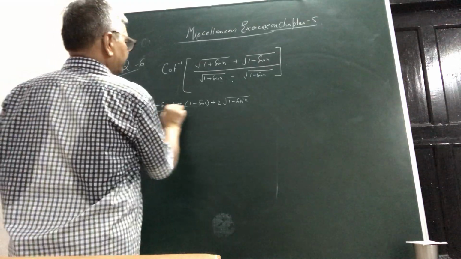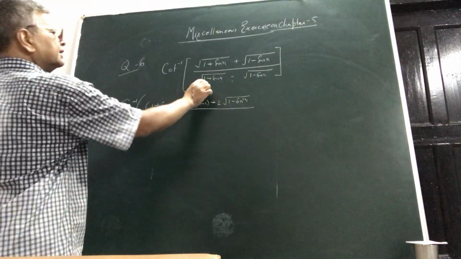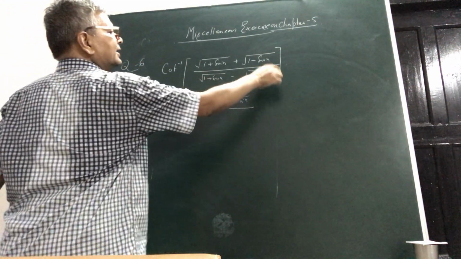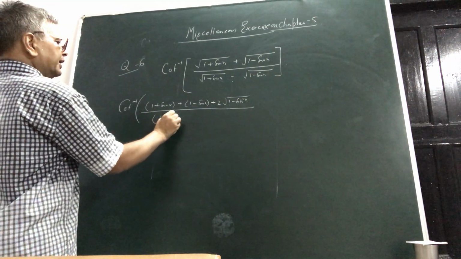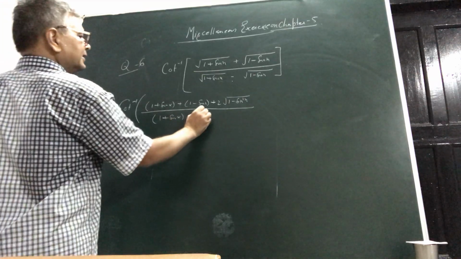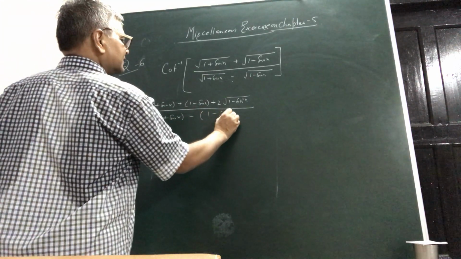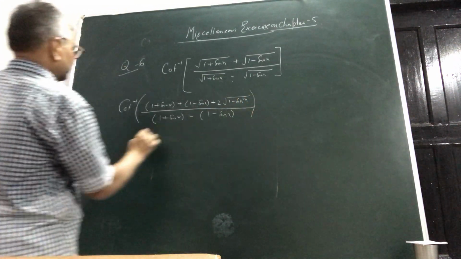Upon this thing, this is a minus b and you are multiplying with a plus b. So what you will get is a square, that is 1 plus sin x, minus b square 1 minus sin x. Okay, so this is what you will get.